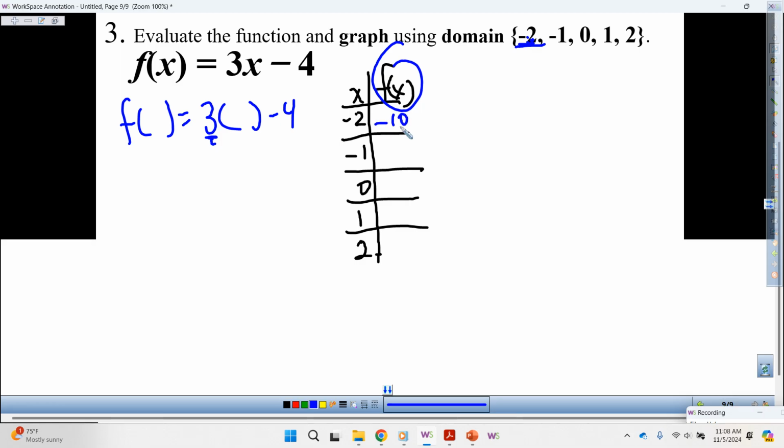That's -10. Next one. -1 times 3, -3 minus 4, that's -7. Next one, 0 times 3, 0, that leaves us with -4. So, turn to your neighbor, let them know the last two values, please, of that range.